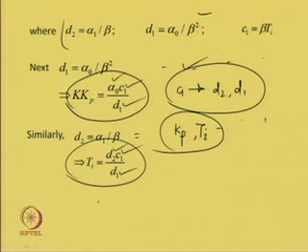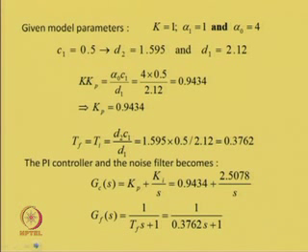So, if the transfer function model of a process is known and if it is available in the all pole form, then it becomes very easy to design PI controller with a noise filter in the loop for the closed loop system. Now, the closed loop system is having k equal to 1, we consider the same process model as we have considered in the earlier case, where k is equal to 1, alpha 1 is equal to 1 and alpha 0 equal to 4.